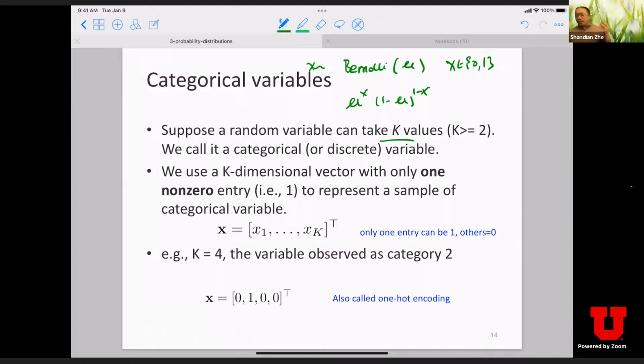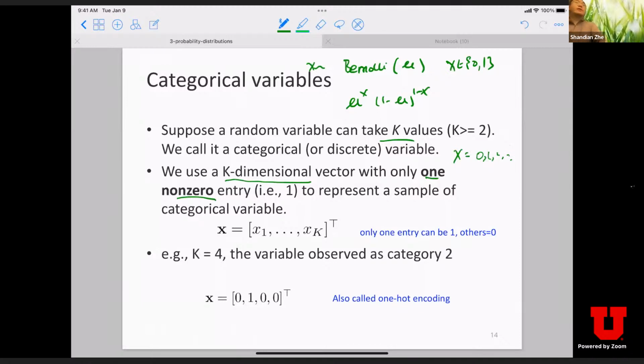So we do need some kind of probability distribution that can describe categorical variables. First, we're going to use a K-dimensional vector with only one non-zero entry to represent a sample of a categorical variable. At first sight, you might say that since x is categorical, I can take x to be 0, 1, 2, 3.